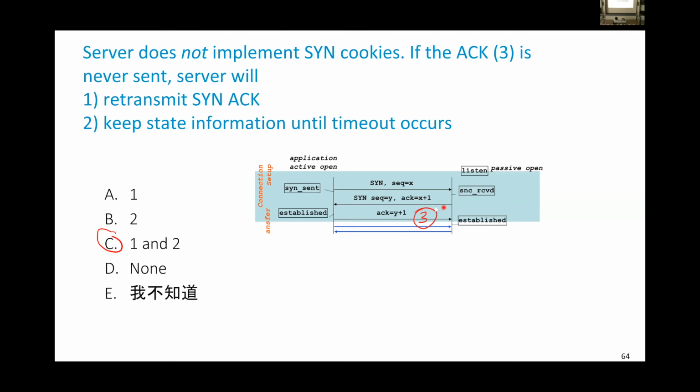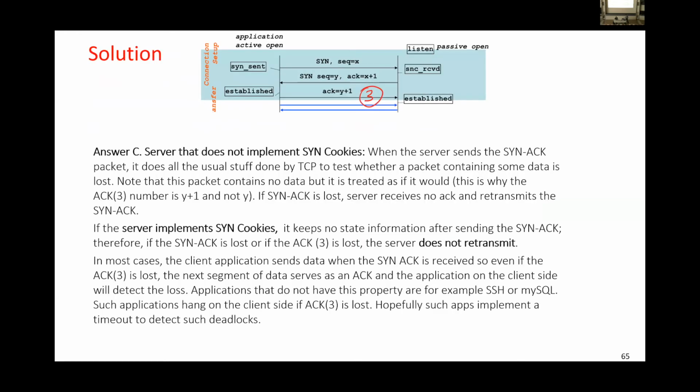So when this packet is sent, if no ACK comes, it will be retransmitted, probably after a timeout, because fast retransmit will not, of course, apply. And also, we need to keep state information because we don't implement SYN cookies, so the state information was created here and will be kept until the timeout occurs. So this is what SYN cookies will save us from.